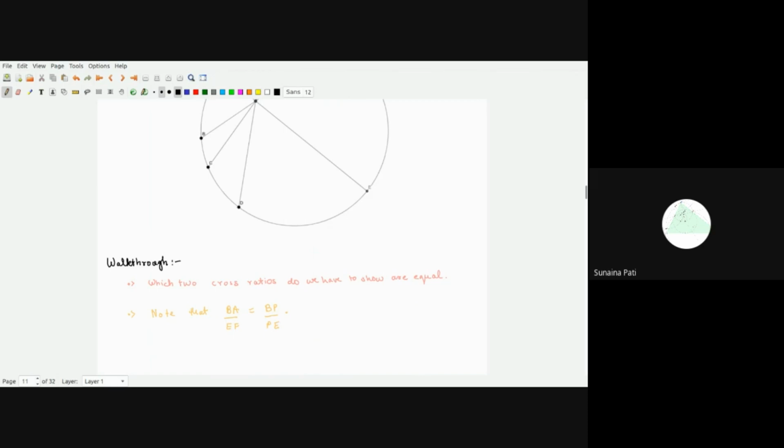This is the chord theorem, right? Yeah, we're proving that theorem. Which theorem? Are you talking about POP? This is not POP. We're not proving POP.